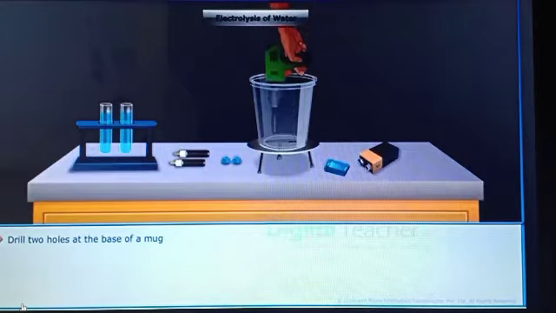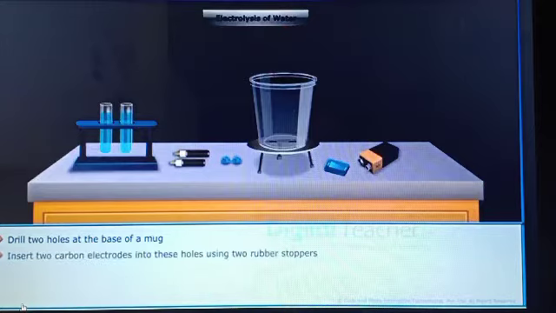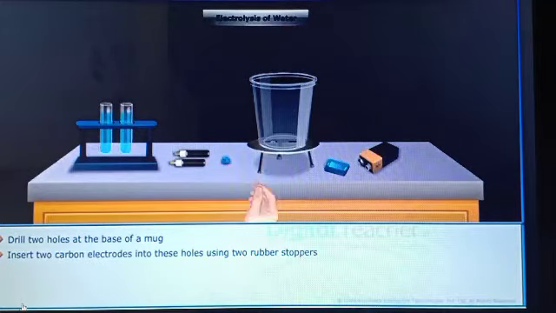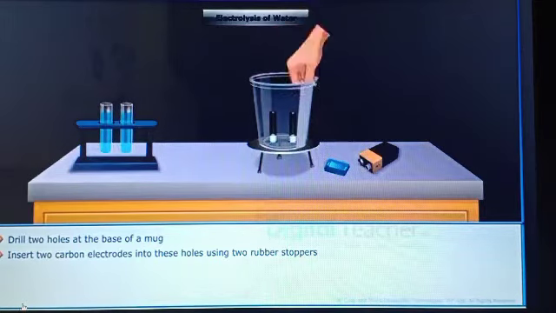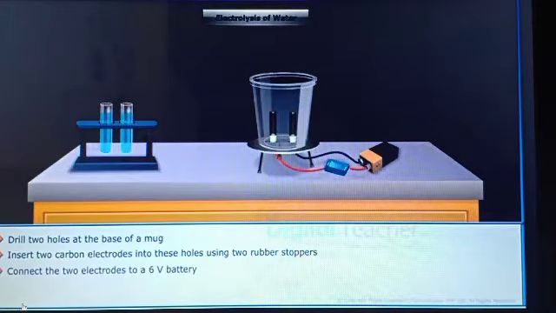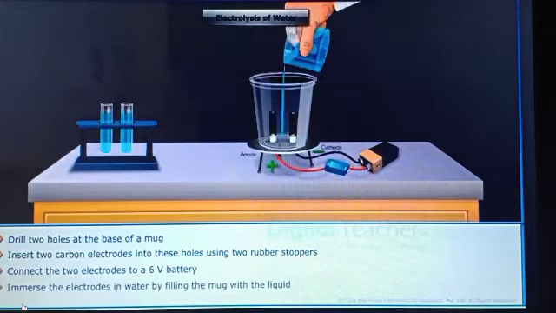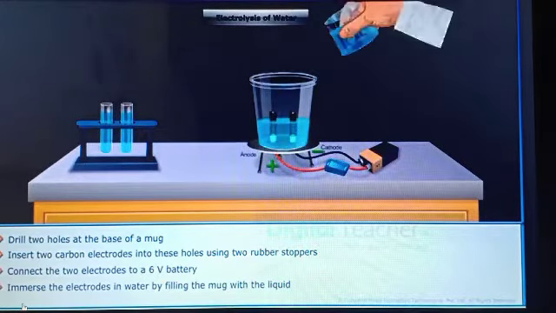Drill 2 holes at the base of the mug. Then insert 2 carbon electrodes into these holes using 2 rubber stoppers, by which we can hold these carbon electrodes. Now connect these electrodes to a 6-volt battery.